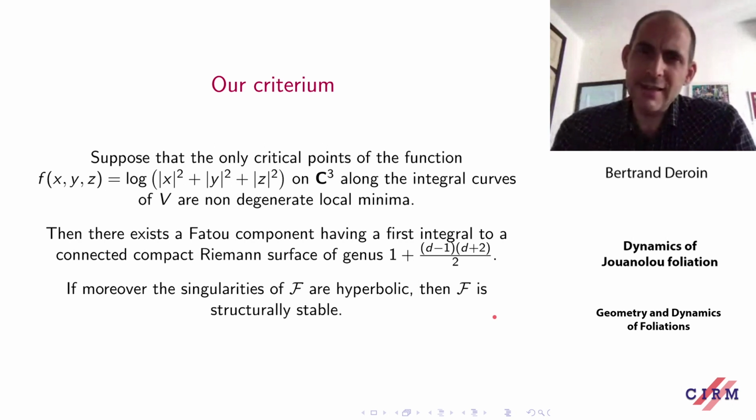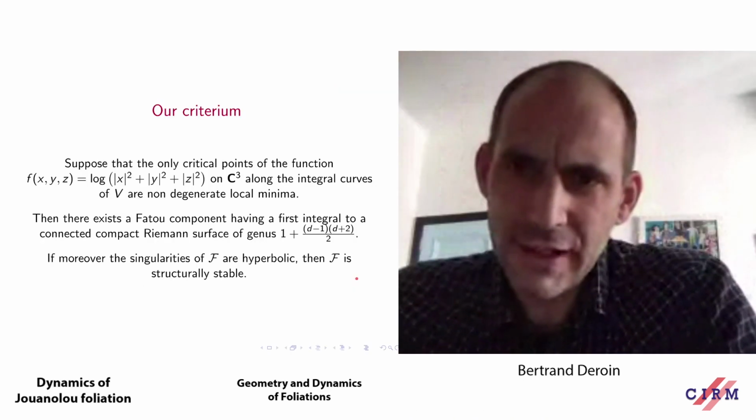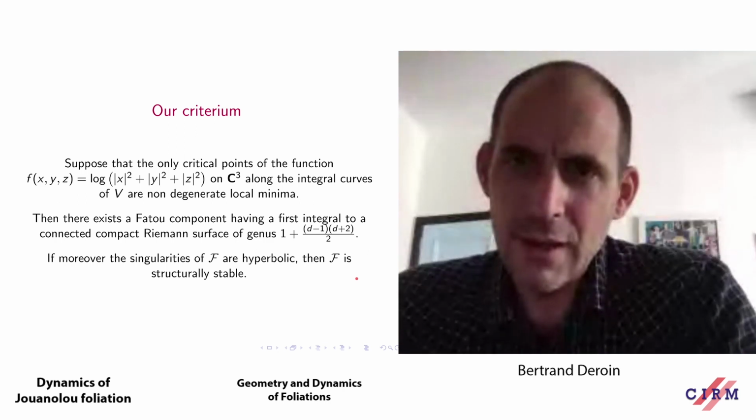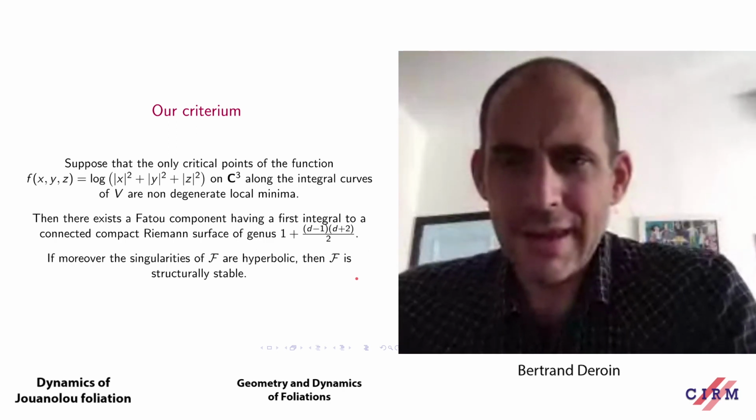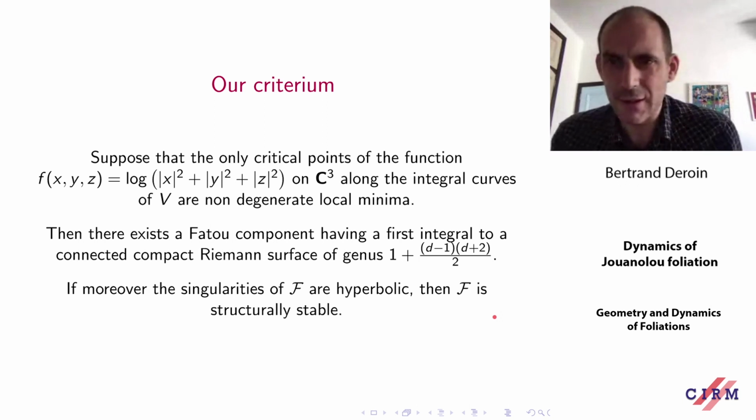In fact, this set is going to be a real surface, which will be transverse to the foliation on P2. And what we prove is that the Fatou component is just the union of the leaves passing through a point in this transverse surface.